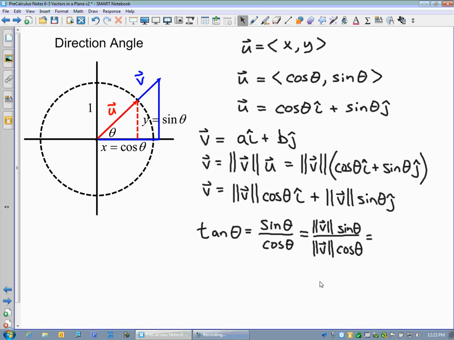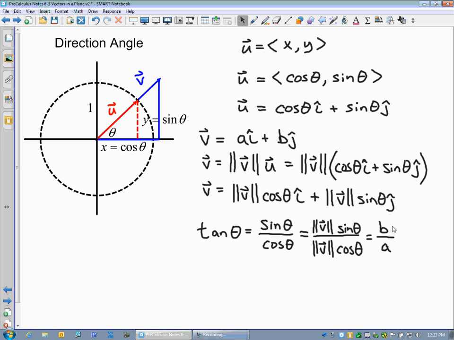And notice how if we compare this result to this, we can see that the magnitude of v times the sine of theta is what b is. Notice how b is the coefficient of j hat, so this expression in the numerator is b, and likewise this expression in the denominator, which is the coefficient of i hat, is the same as a.